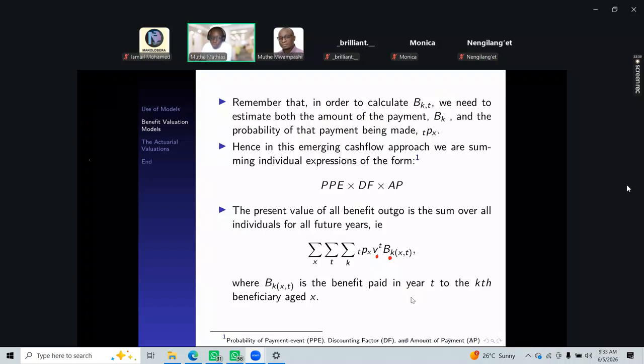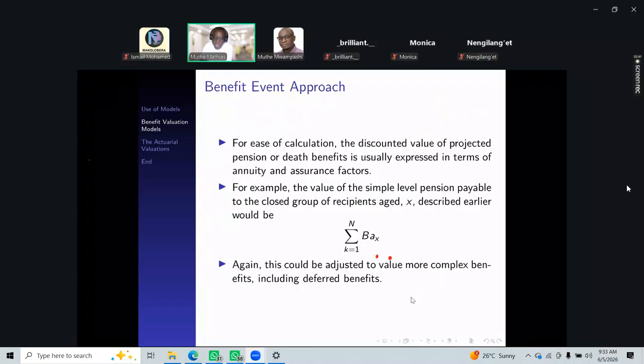So the key difference between this one and the benefit event approach is that in the benefit event approach, you find the present value of this amount at the point where this benefit starts. Maybe it's a simple approach, but sometimes it's very complex, because this makes more sense if you have 1 unit, right?